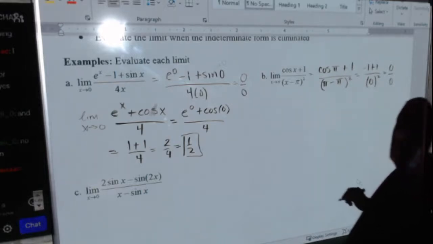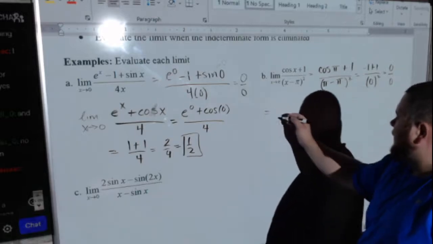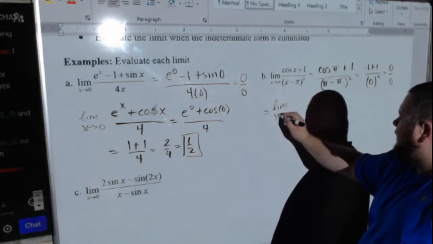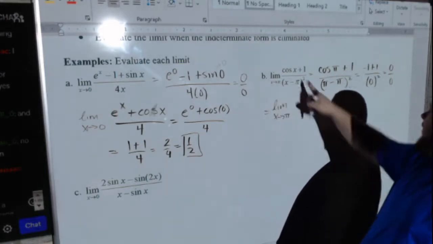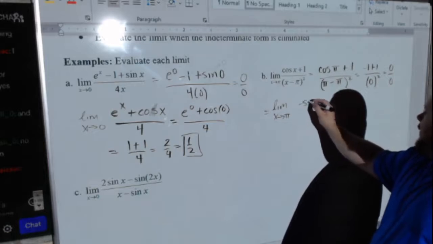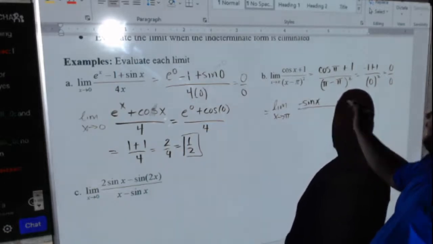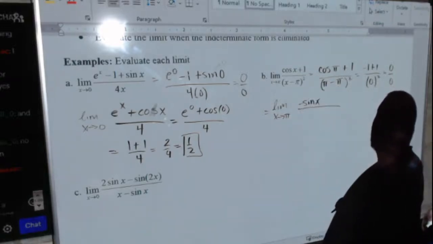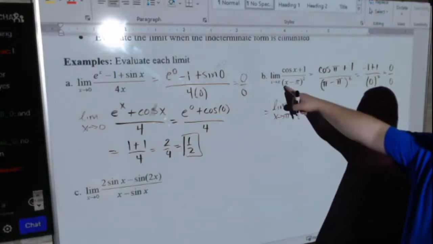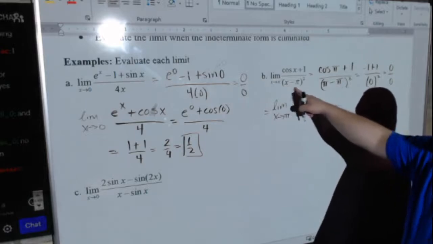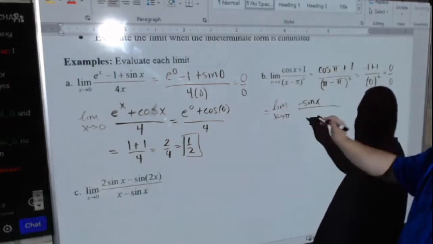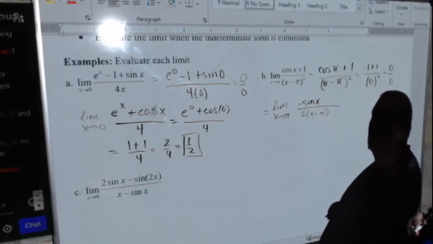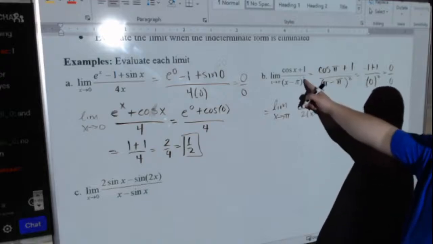So, L'Hopital's rule says take the derivative of the top and the derivative of the bottom separately and evaluate again. So derivative of the top, I get minus sine. Derivative of 1 goes to 0. Then I need the derivative of this whole bottom here. Well, that would be 2 times this to the first power.